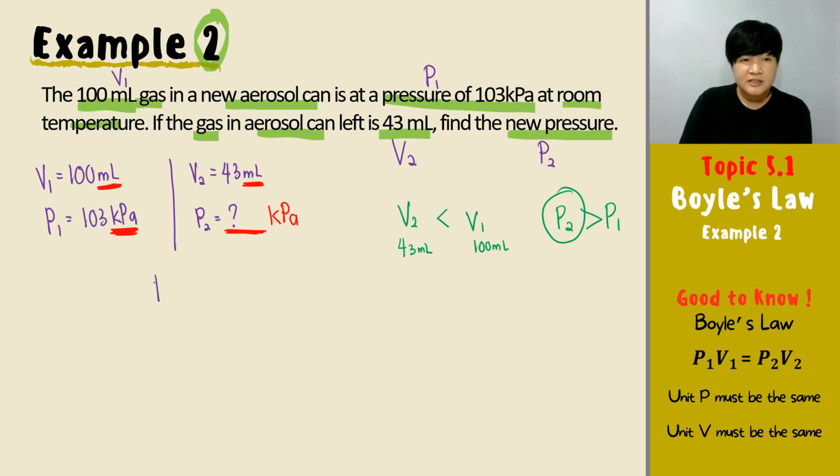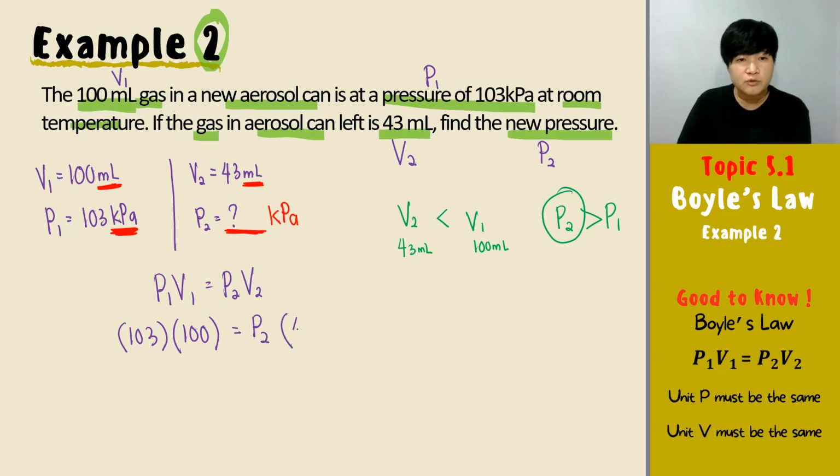Let's see. You have your P1 V1 equals to P2 V2. Make sure the pairing is correct. Once again, pressure 103 kilopascal, volume 100 milliliter. Your pressure over here, again, we are looking for the P2. Your volume 2 is your 43 milliliter.